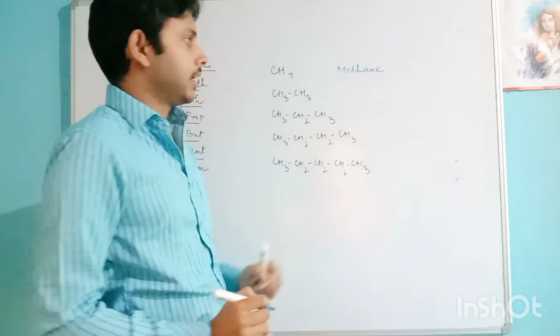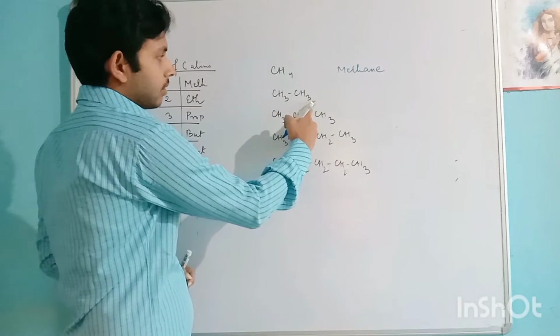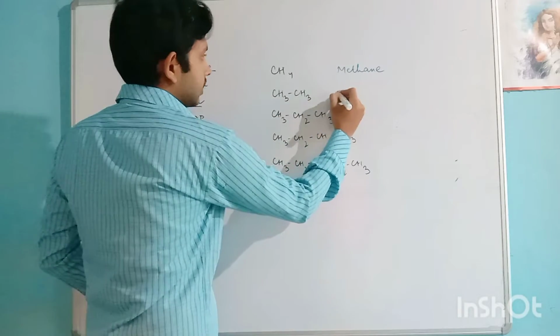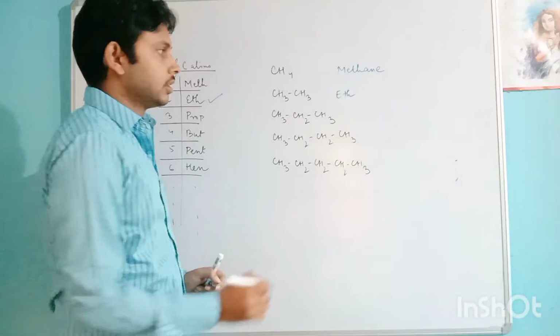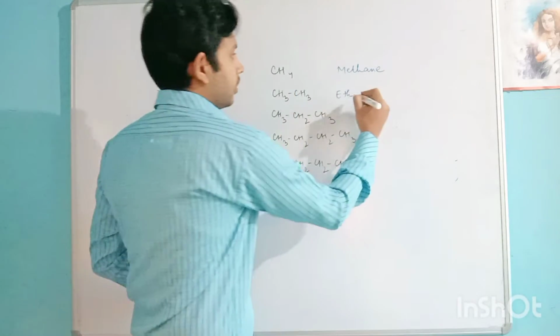So this is methane. Now for this compound, two carbons and a single bond, no double or triple bond, so ethane.